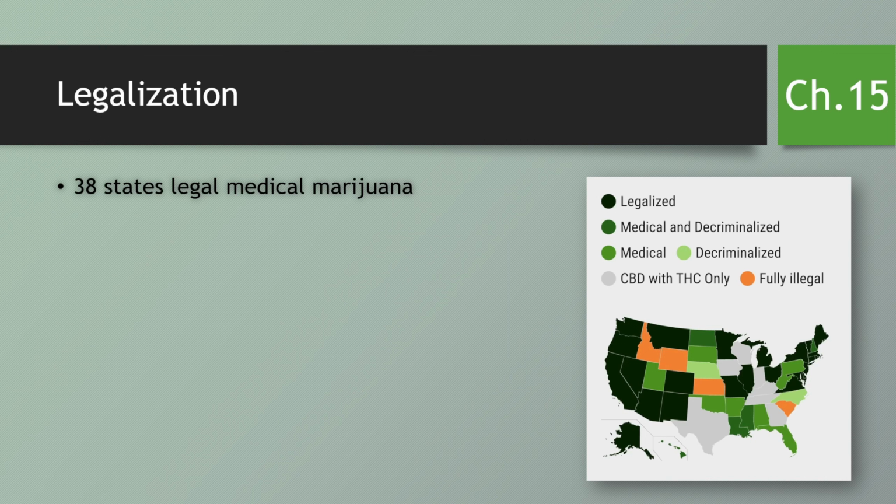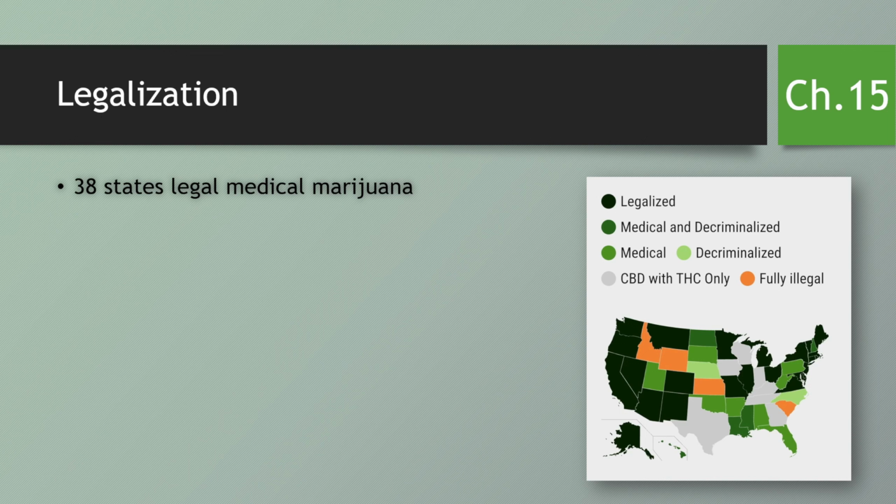The slightly less dark green is both legal medically and also decriminalized. The other green, just medical. Light green is only decriminalized, meaning that it is still not legal, but that the prosecutions are far less. And then some states where CBD can be sold with small amounts of THC in it. And then, of course, those orange states where it is still fully 100% illegal.